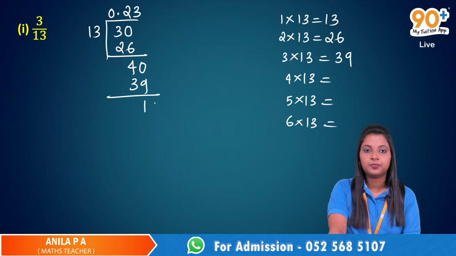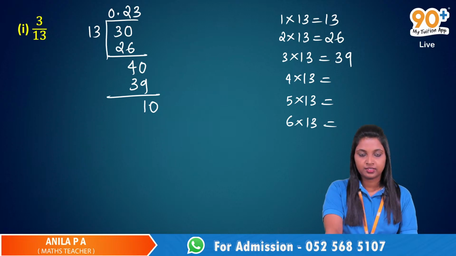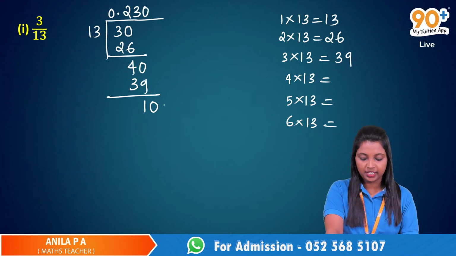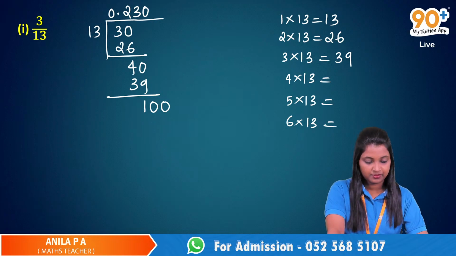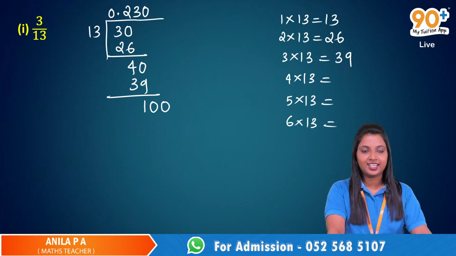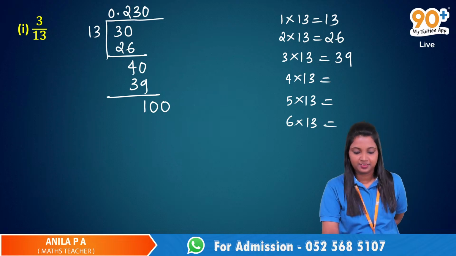Then we add again 0, and in the quotient we also write 0. Then we write 100, and divide by 13. Okay, thank you.